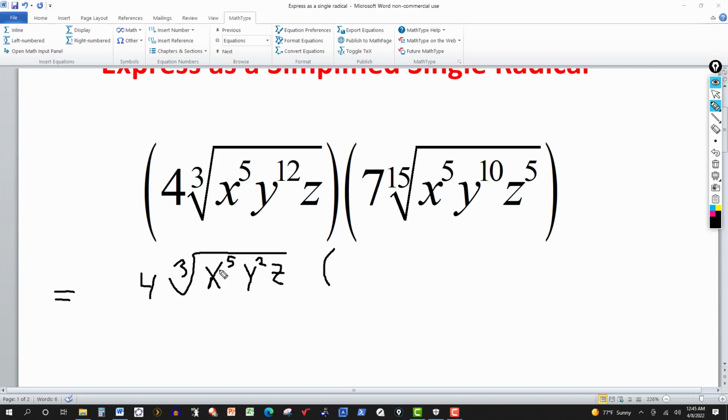And I'll keep the parentheses on this one here. This will be 7 times the 15th root.